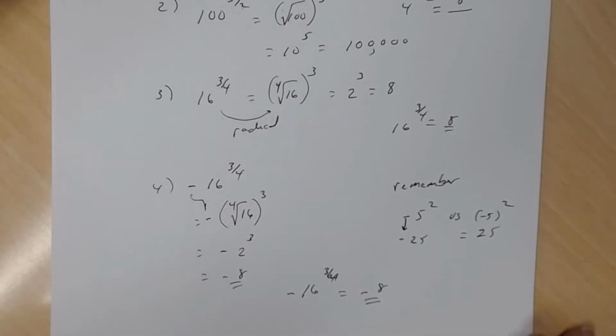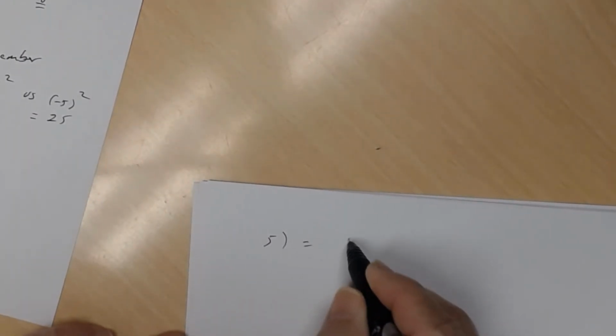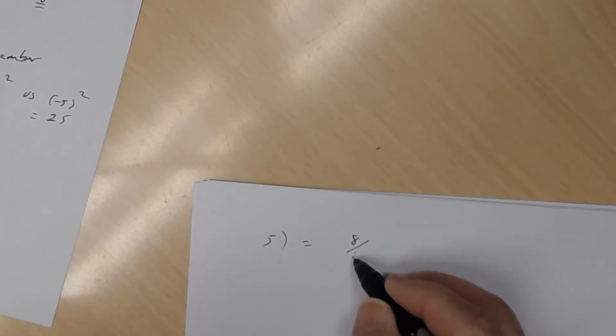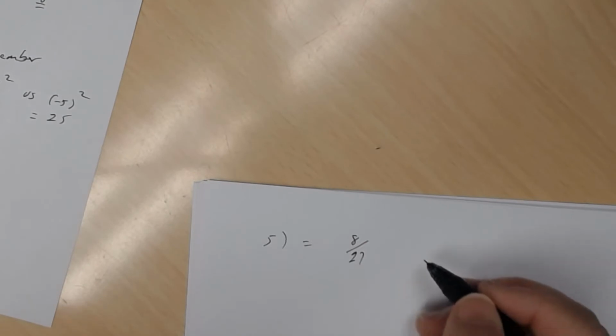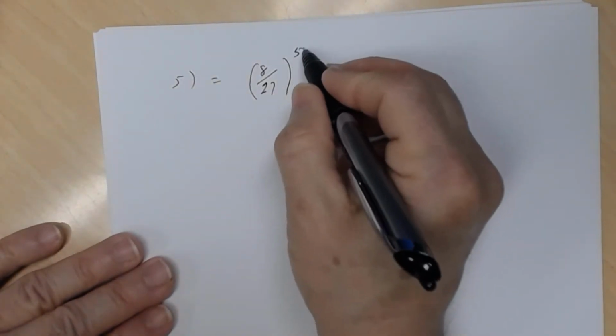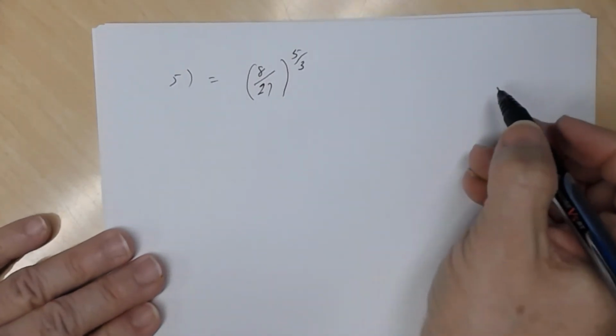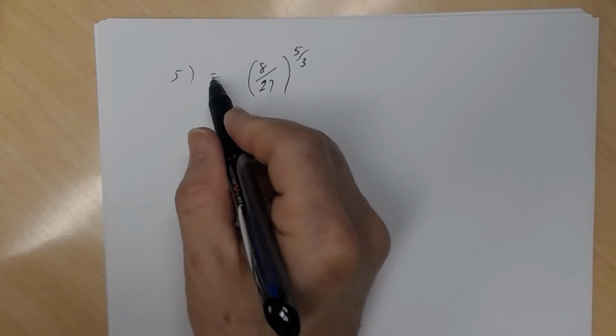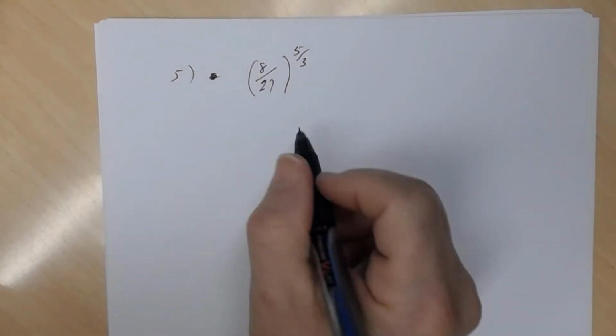Now let's look at this one. Number 5, suppose I had 8 divided by 27, and all that's being raised to the 5/3 power.